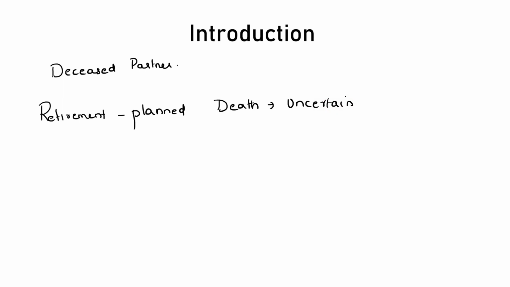But in case of death of a partner, the death can occur on any day during the year, and therefore that particular partner who has died would have been alive from the beginning of the year, that is 1st April, till a particular date when he died.